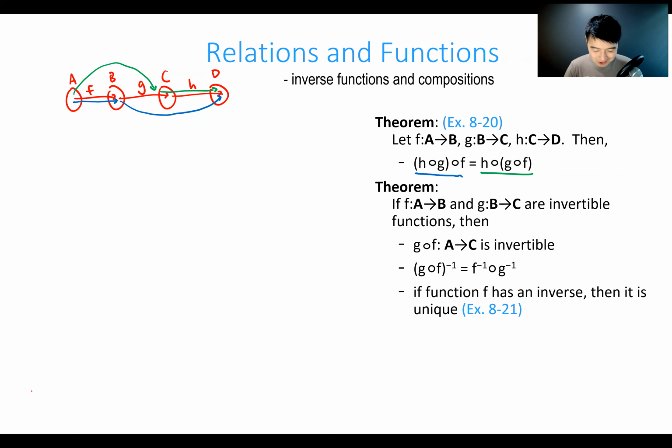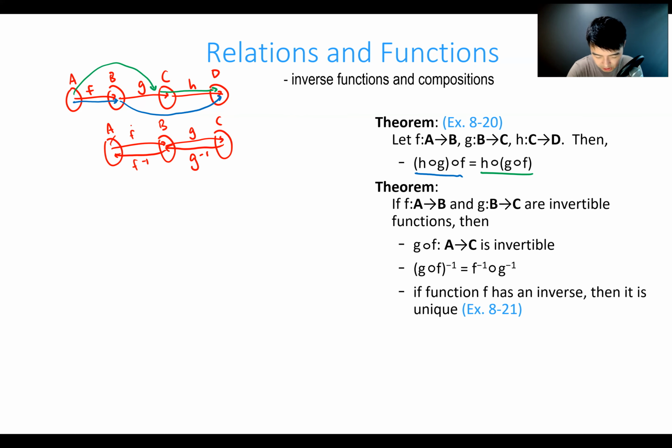Instead, I'm going to show you another theorem: if I have set A and set B, and f has an inverse, and also if I have a set C with a mapping G, and G has an inverse, so both f and G have inverses, then the composition of G and F also has an inverse.